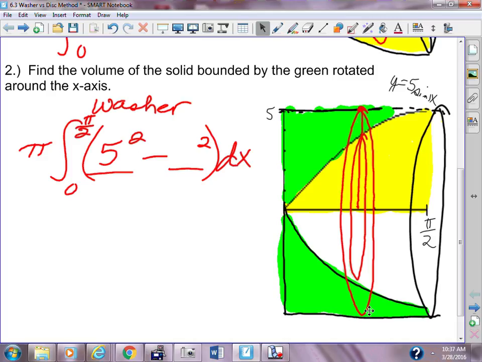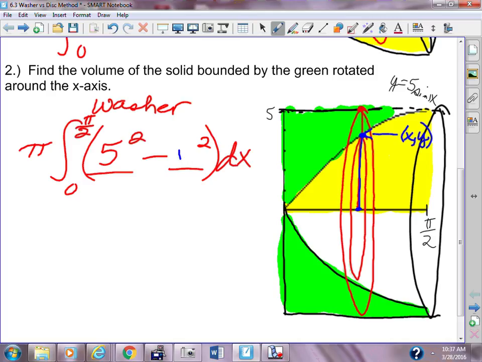Now, the inner radius, the smaller radius, from here, that is going to go up and touch this black curve, and depending upon where we are on that black curve, notice that would be a different length. So that blue segment that I just drew has to do with the ordered pair that's on that curve, x, y. Is that the x or the y distance?